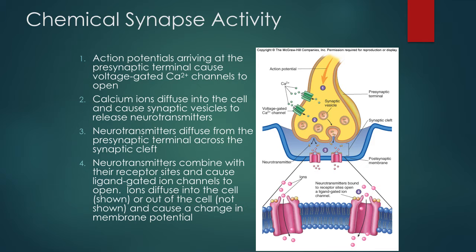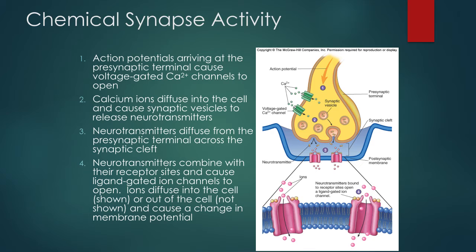All right, so the events at a chemical synapse are that when the action potential arrives, that's a depolarization followed by the repolarization, the voltage gated calcium channels will open. They'll sense that depolarization, and those channels will open. Calcium ions enter the cell.